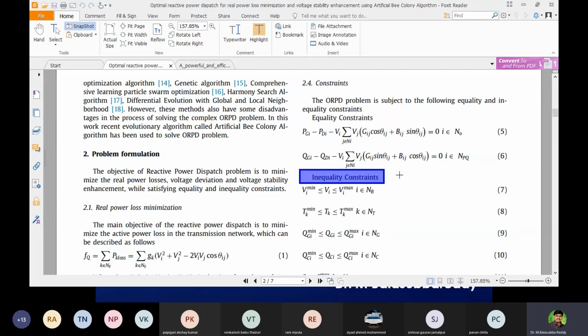Let's consider how much power I want to generate. The generating power must always be equal to demand plus losses. It should not be more than that. I don't want to generate more power. Why? Even if I generate more power, it is not useful. That is the constraint. I call it an equality constraint.